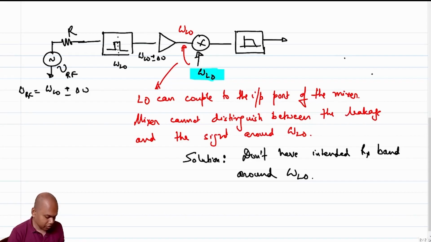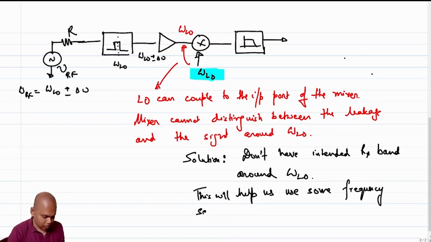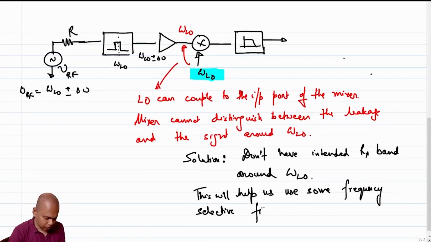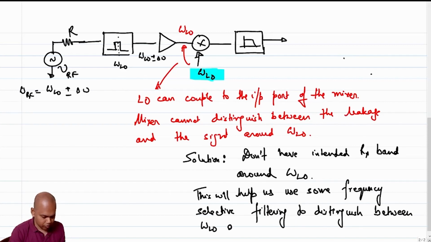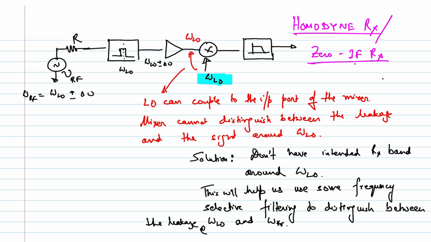Then this will help us use some frequency selective filtering to distinguish between omega LO and omega RF, between the leakage at omega LO and omega RF, right?